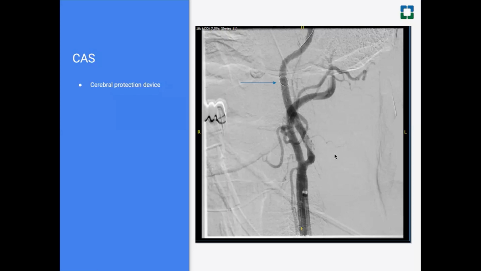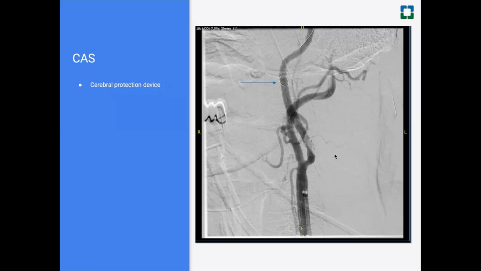The problem is you have to get this wire and device across the lesion, assuming that you're not bothering it, and then deploy it to catch any materials. And that, again, is the Achilles heel. That, and also selecting the carotid artery itself and touching the arch engenders some risk of stroke as well.